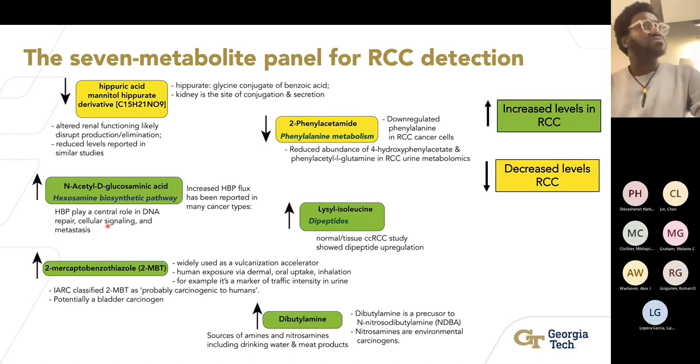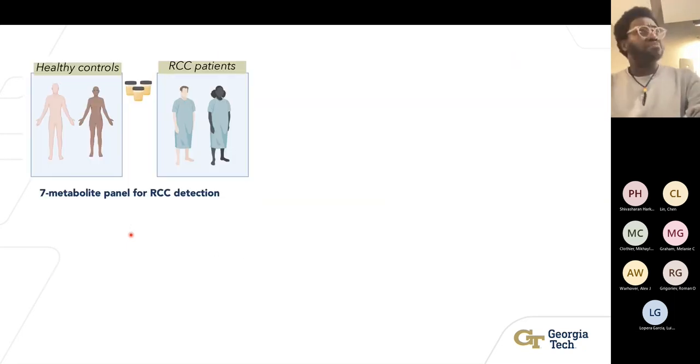When we begin to dig into the literature, we begin to see things that have to do with DNA repair, cellular signaling, and of course metastasis. Okay, so that is the metabolite panel for RCC detection.